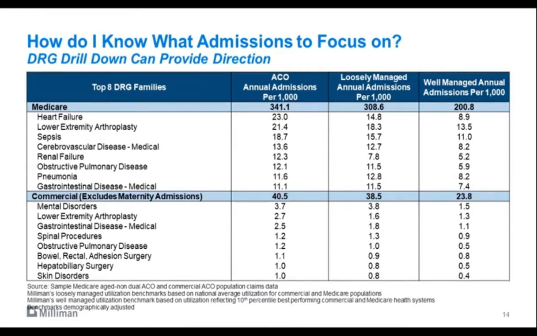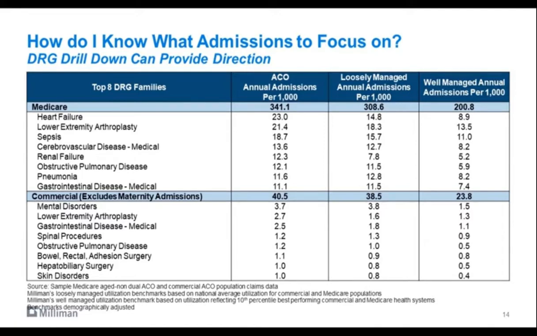So we can see heart failure for Medicare, always the highest, or a lower extremity arthroplasty, joint replacement is typically up there, along with sepsis. So those are your 3 highest. And for commercial, we have a different mix, mental disorders, joint replacements, et cetera.